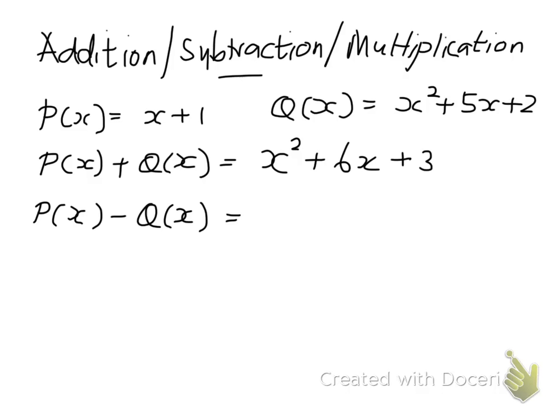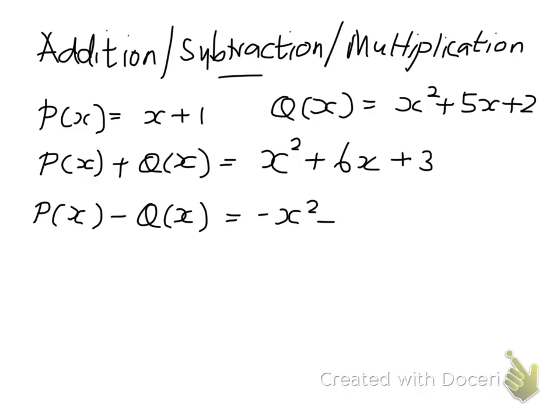Again, it will be the same. It's x plus 1 minus that. So what do you have then? Writing the one with the highest power first, it's x squared. Is it just x squared? It's negative x squared, because you have p(x) minus q(x). How many x are there? Is it positive or negative?